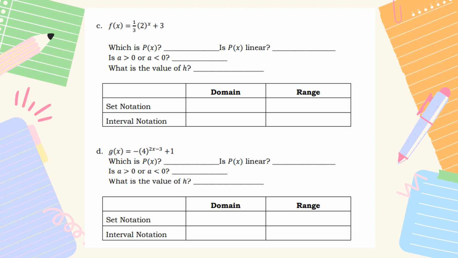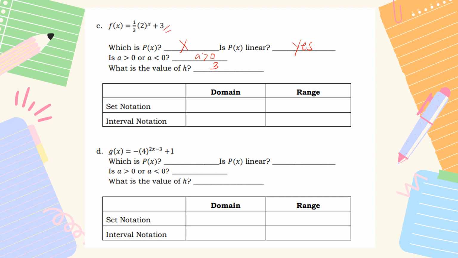Here, let's just identify first the p of x. The p of x is x. Is it linear? Yes. Is a greater than 0 or a is less than 0? In this case, the a here is 1/3. So, it is greater than 0. When it is greater than 0, let us identify the value of h. H is 3.